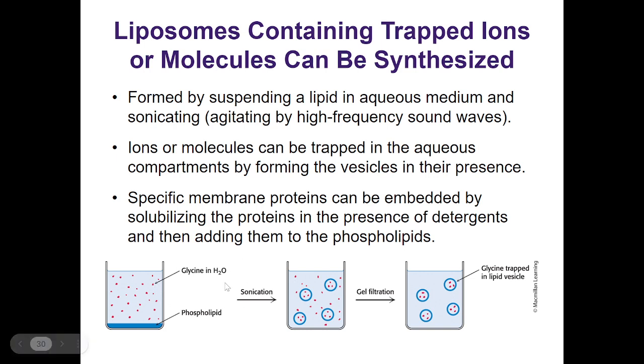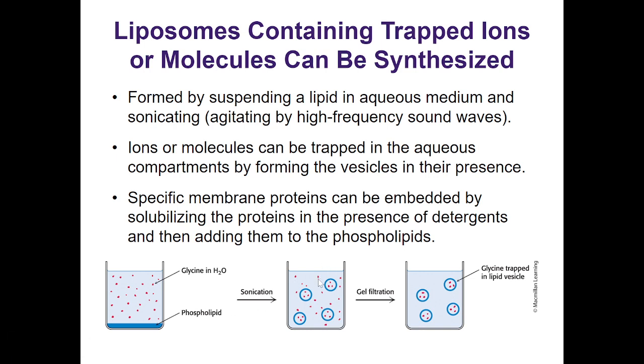So we have glycerin in here and H2O. This is a phospholipid. What ends up happening is you do sonication. This is going to cause this to break up and get intermixed in there. Okay? And it basically breaks up your structures kind of unevenly. And so you end up with the phospholipids coming up into the water.